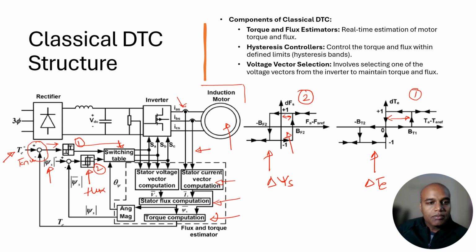So if the error goes beyond the band for both the flux and the torque, then the output of the controller goes into the switching table, and it selects the switching vector which goes to my inverter switching, and accordingly the inverter switching happens, and then it controls my stator torque and flux in my induction motor.